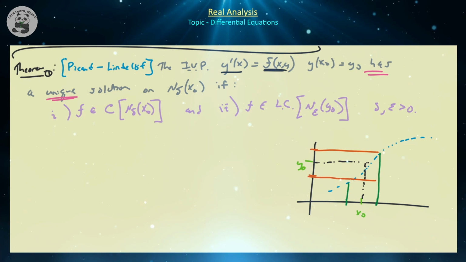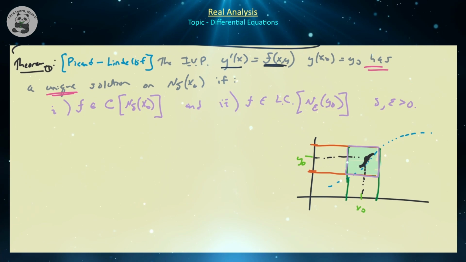So practically what we have here is a little rectangle around our solution. As long as it's continuous in the x direction and Lipschitz continuous in the y direction, then we should be able to find the unique solution of this curve at that point and some local two-dimensional neighborhood around that point. And as long as it satisfies those two conditions, then by the Picard-Lindelof theorem, we have our unique solution.